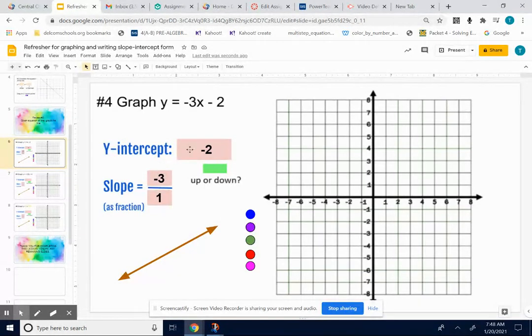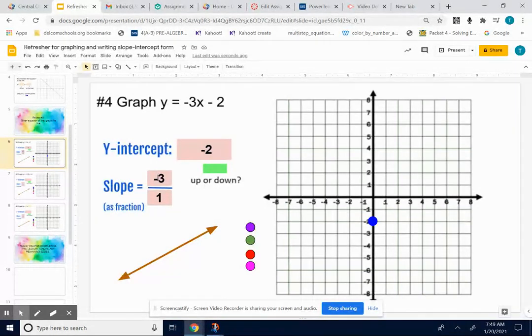Okay, the y-intercept is -2. Just look at the y-axis, find -2 on that y-axis, and drag a dot there. See, my graph starts at -2 on the y-axis. Now use your slope to travel. My slope is -3 over 1.